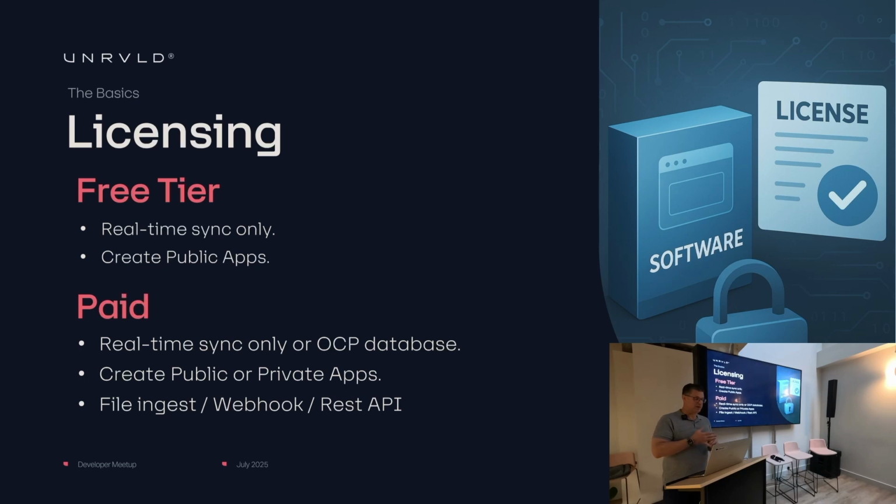This gives you the real-time syncing, but it also allows you to push data into an intermediary database, the OCP database. You can create public apps or private apps. So you may want to develop an app specifically for your agency, or for a specific client. You're also able to do file ingest and get data sent in via webhooks and a REST API.